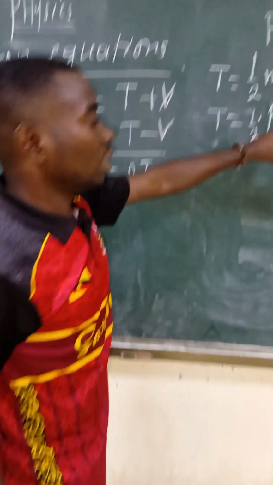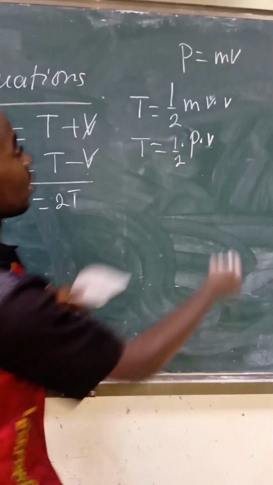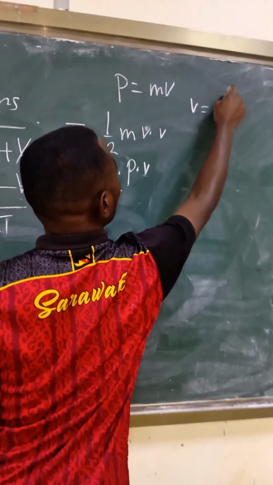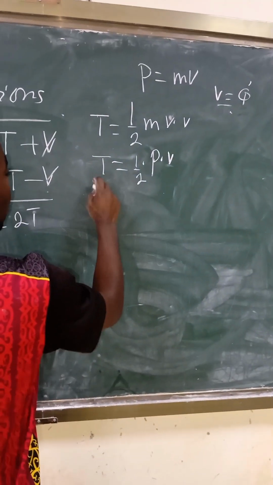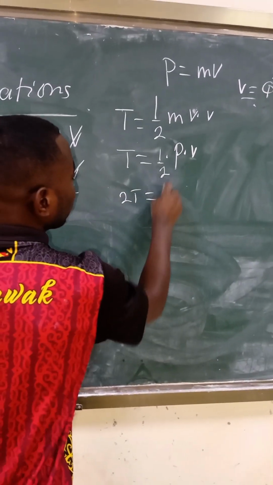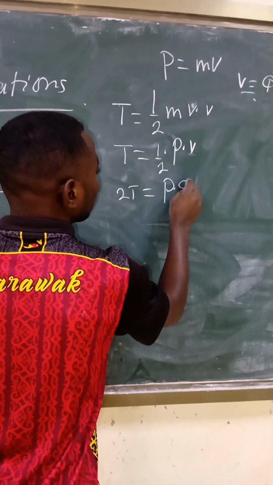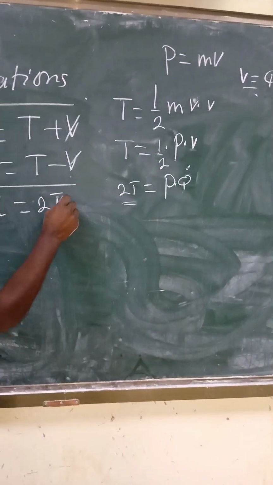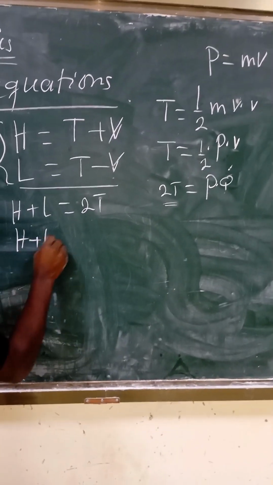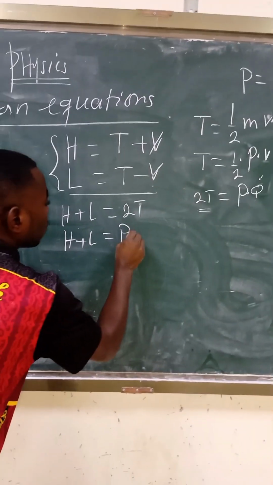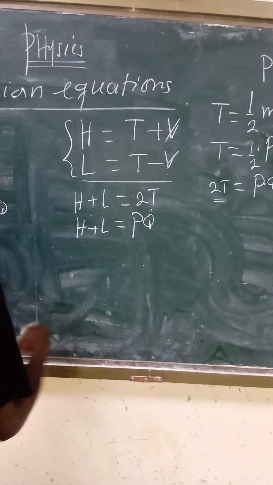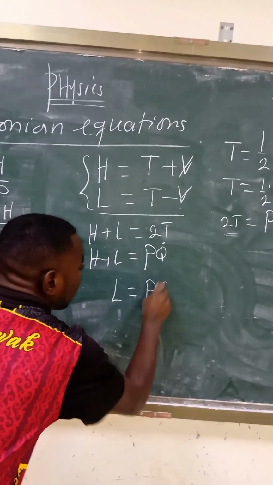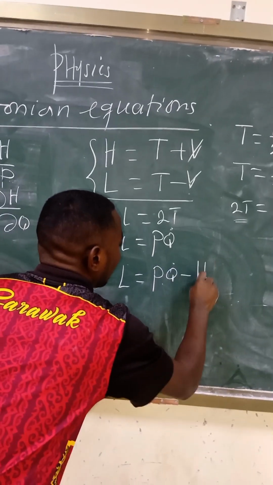Let's symbolize v like q dot, so that we have 2T, which is equal to p q dot. Now let's substitute from here. I can get H plus L, which is equal to p q dot. So you can see, let's make such a formula for Lagrange, which is equal to p q dot minus H.